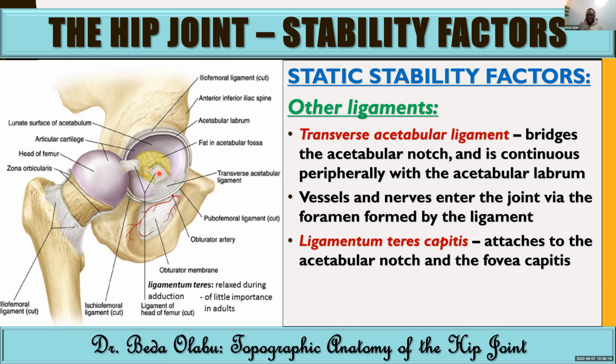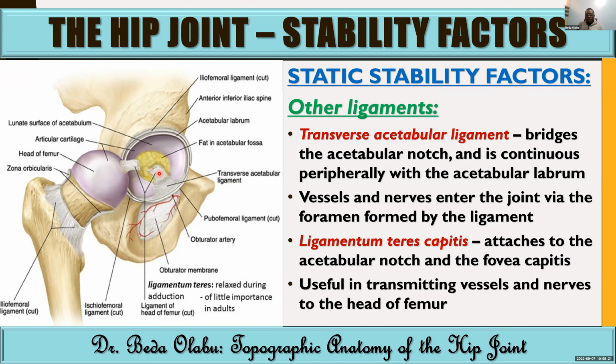That's the round ligament of the head of femur. The blood vessels and nerves that I mentioned pass through that ligament as they go to the head of femur. So those are the other ligaments I want to talk about in the hip.